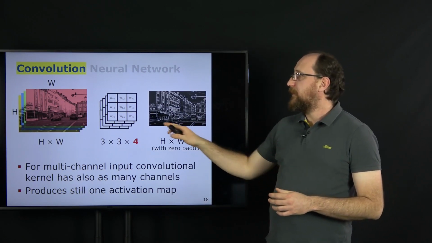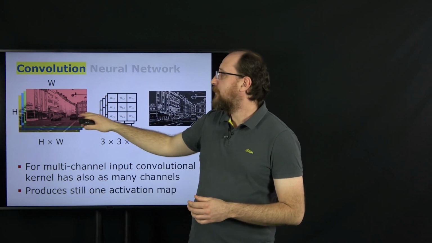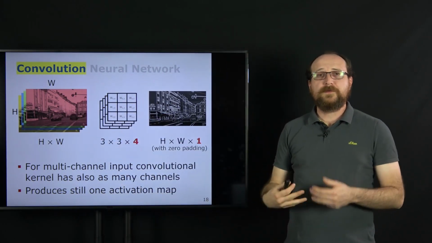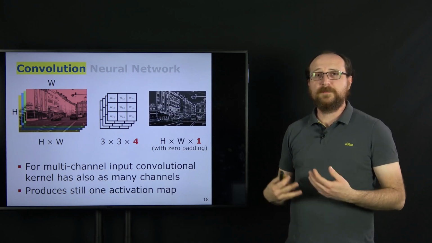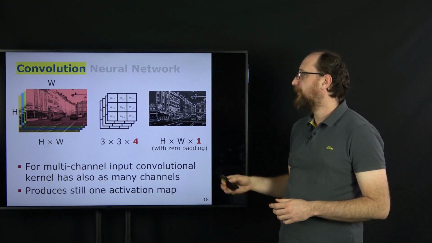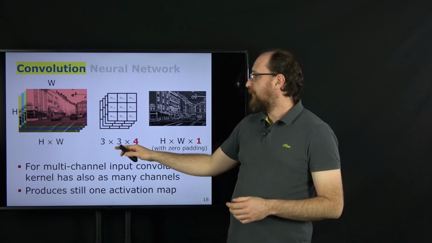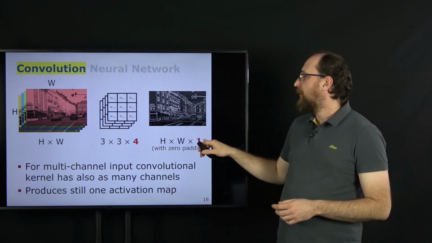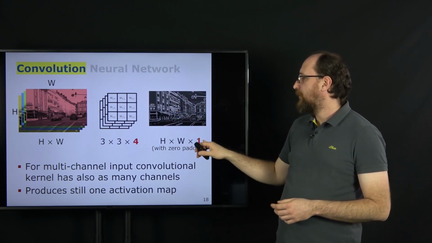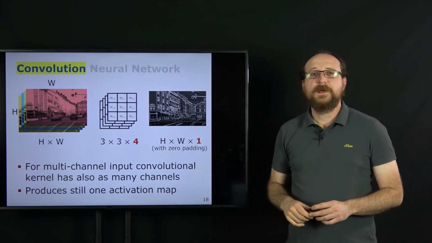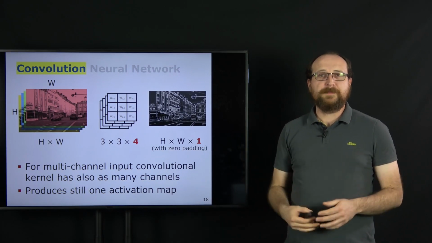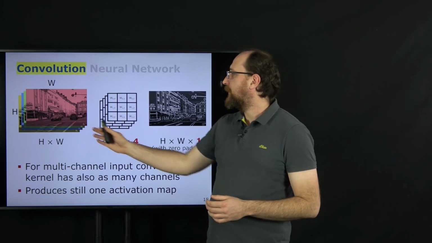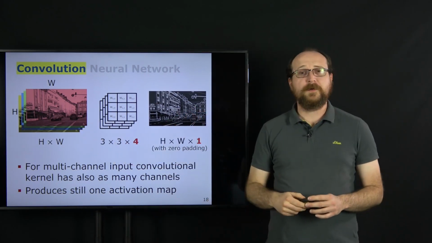So the kernel is still sliding over the whole image, but it will account for all entries from the other channels of the input image. But important to note is, even though the image has 4 channels and the kernel also has 4 channels, the output of one convolution is just a one-dimensional feature map in the end. So even though we have multiple input channels, we get out only one output channel.